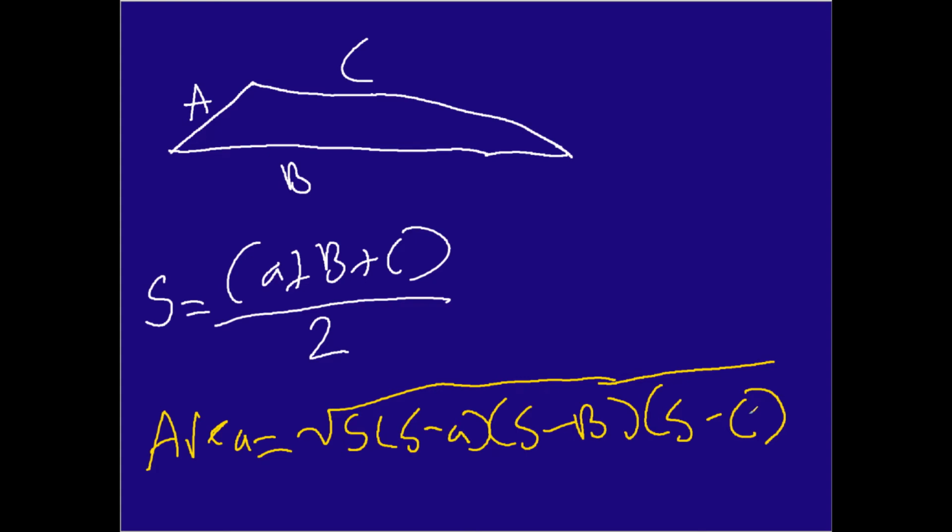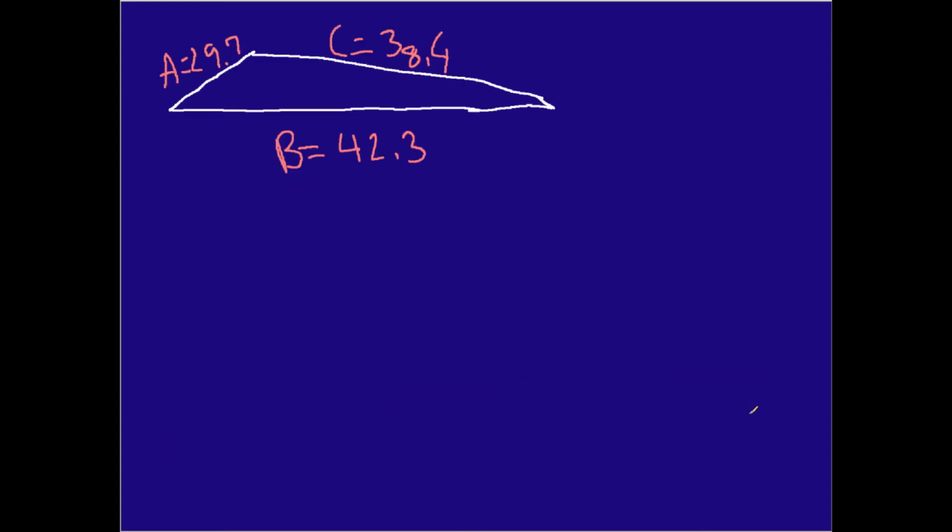All right. Now that we know what the formula is, let's go through an actual example. So here you can see we have our three sides. A is 29.7, B is 42.3, and C is 38.4. We just plug in the information as appropriate. So first we try to figure out what S is.